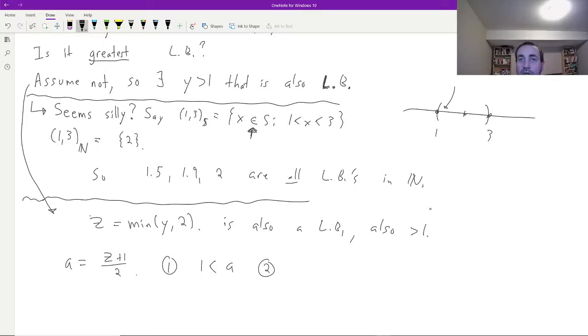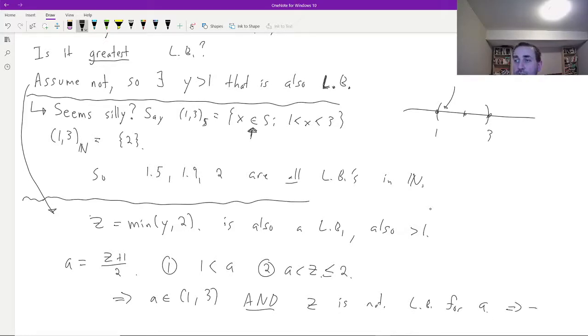And then a is less than z for more or less the same reason, and of course, that means less than or equal to 2. And what that means is that actually a is in (1, 3), and z is not a lower bound for a. Oops.